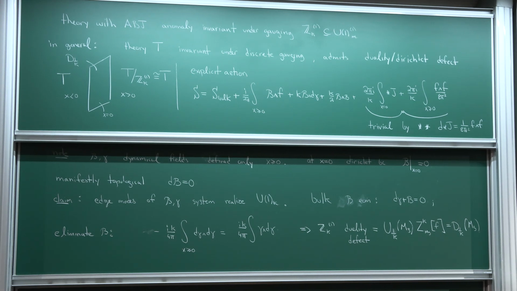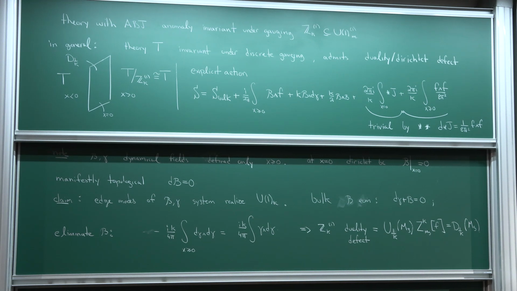Otherwise, it's not going to be dual. Is it the discrete torsion term that tells you that the U1 and the Z_k combine back into the U1? Otherwise you have some other thing? If you gauge without the discrete torsion. Yeah, that's right. That tells you that it's an extension.